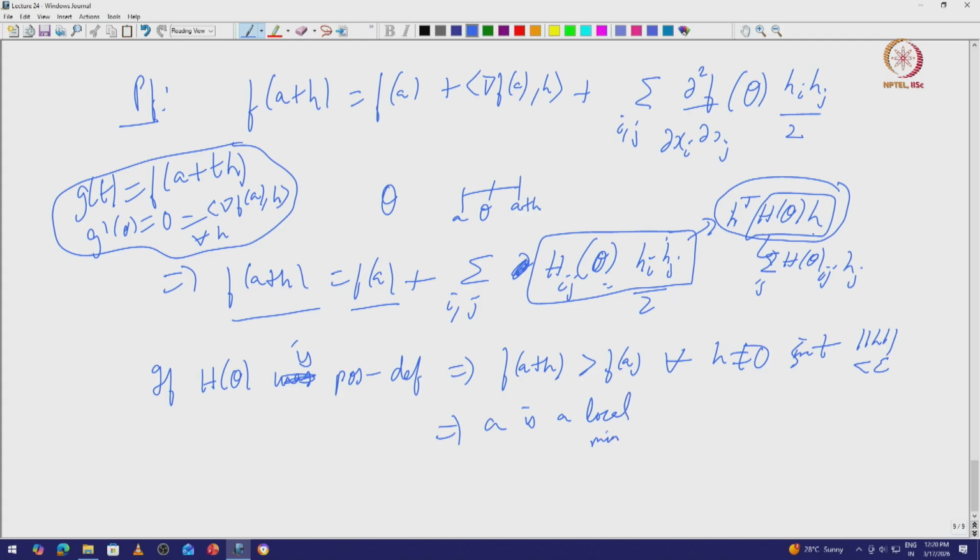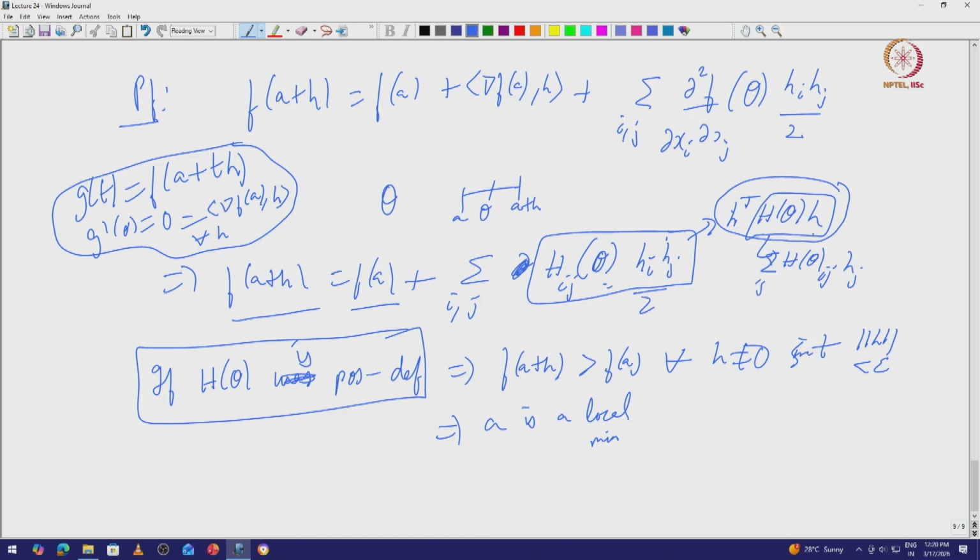The trouble is this phrase. What we have assumed is that H(a), the Hessian at a, is positive definite. How do you know that the Hessian at theta is also positive definite? Note that the same problem occurred even in one-variable calculus. If f double dash of a is positive, how do you know f double dash of theta is positive as long as theta is close enough to a?